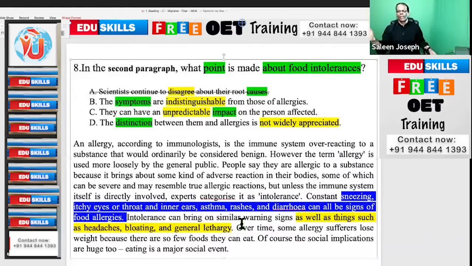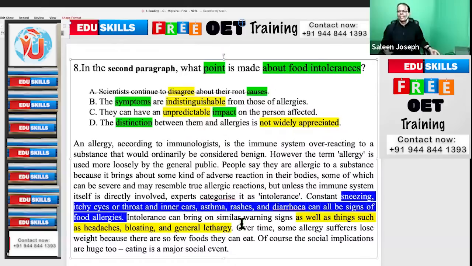Now, next column, intolerance. You have to write all these 7: sneezing, itchy eyes, throat, inner ears, asthma, rashes, diarrhea, plus as well as headaches, bloating, and general lethargy. 8, 9, 10. For food intolerance, they have given 10 symptoms, whereas for allergy, they have given 7.